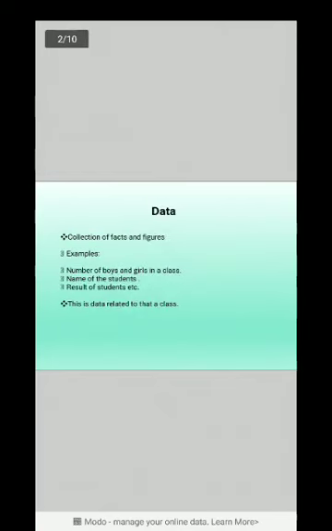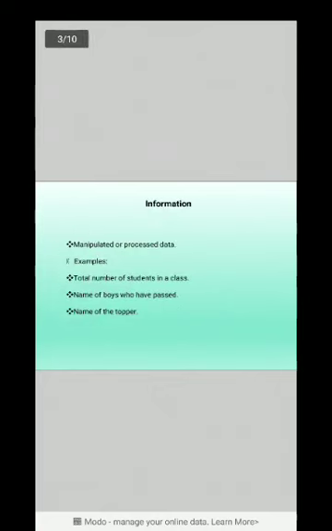Similarly, we have the results of students, and if we manipulate or process the results, we are going to have the names of the boys who have passed and the name of the topper. It means for information, it is necessary that we have data.